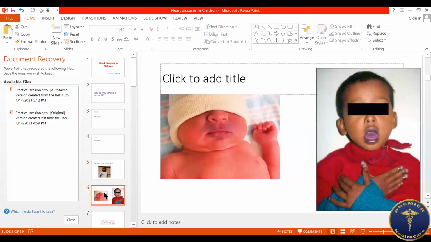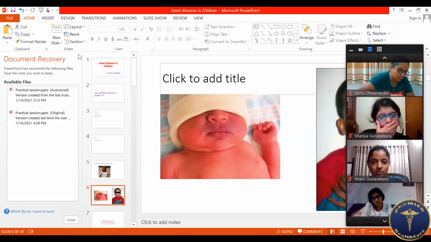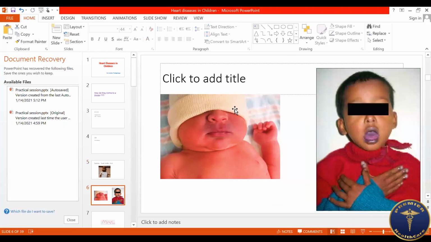What else? What do you see here? Look at this now. This child has bluish discoloration around the face. And the second child, you can see that his tongue is blue, and the lips are blue as well.